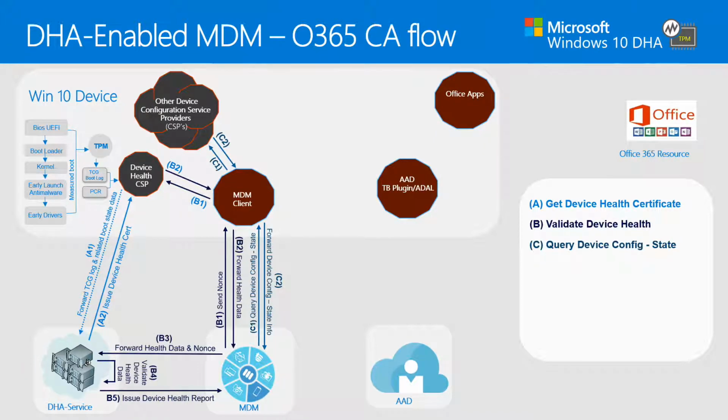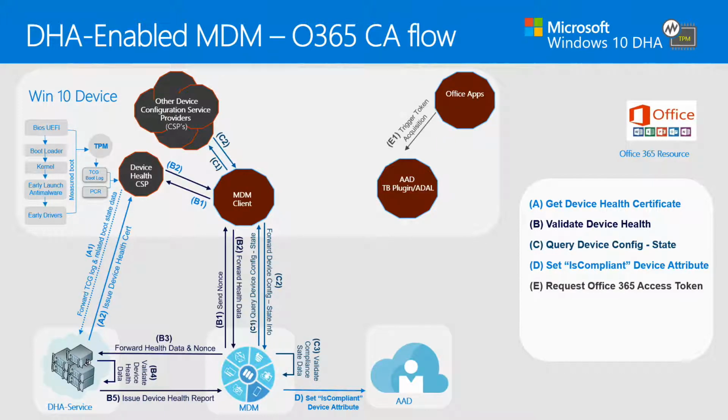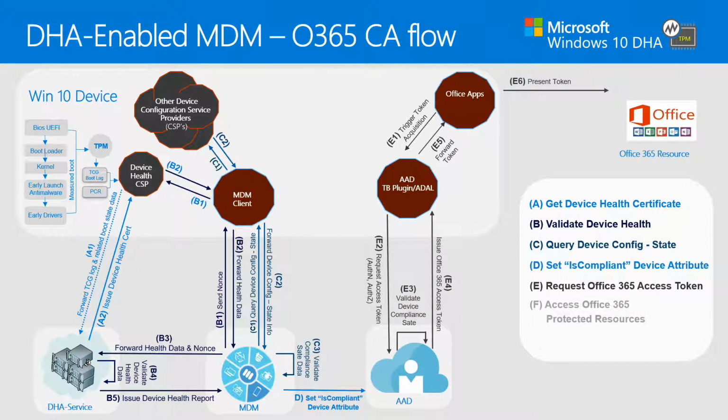Basically, health attestation gives you more data points to evaluate the device and more assurance about what you are evaluating. This compliance state is a binary state sent to AAD. When a user wants to open an Office document, first they need to get a token, and that token is issued only if the device is in a compliant state.